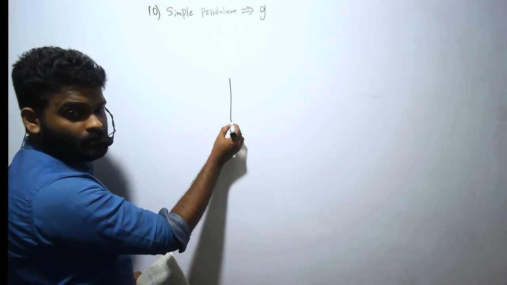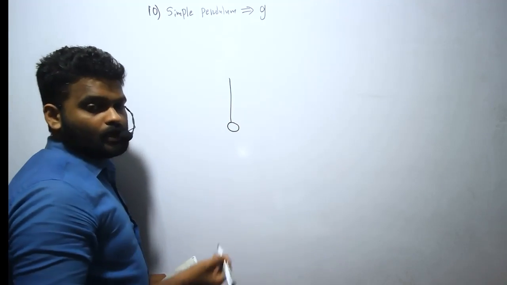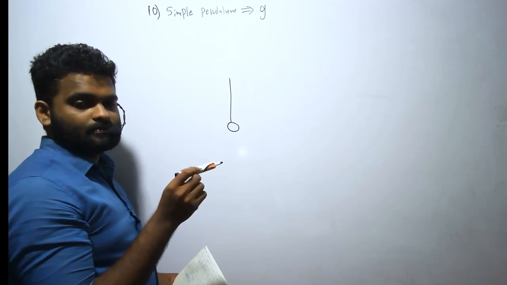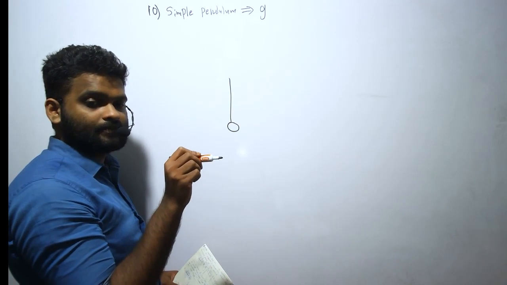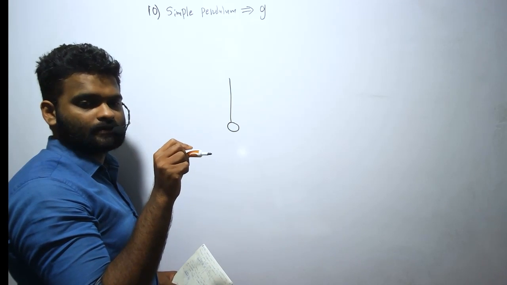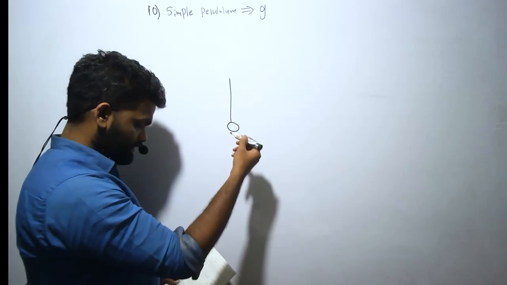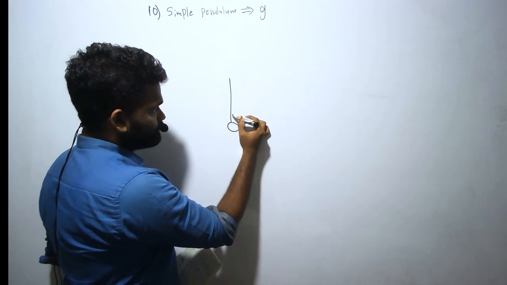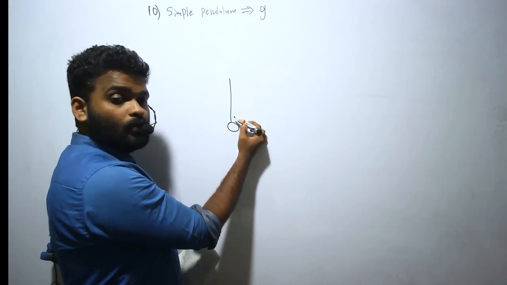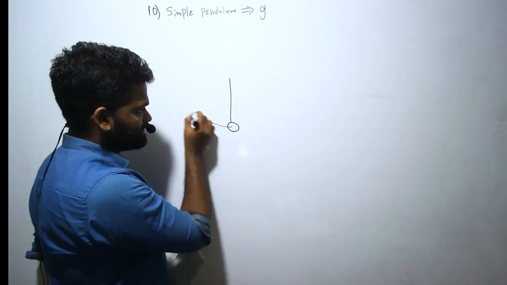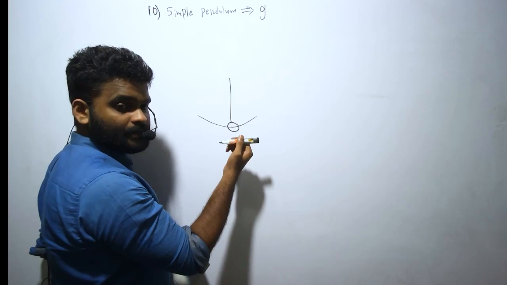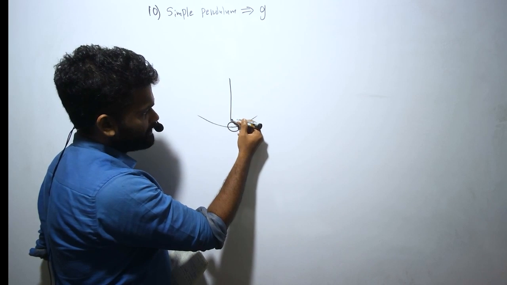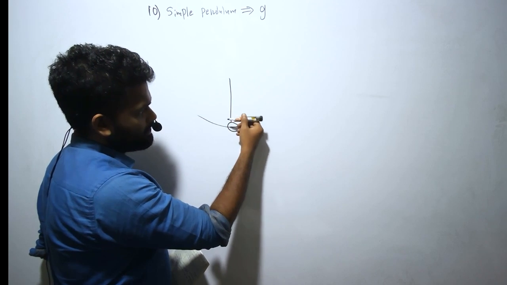So if this is the bob, the locating pin is just a pin like this. It is attached to a cork, right? This locating pin should be at the lowest point. You know that this oscillates like this. Locating pin should be here, lowest point, behind.